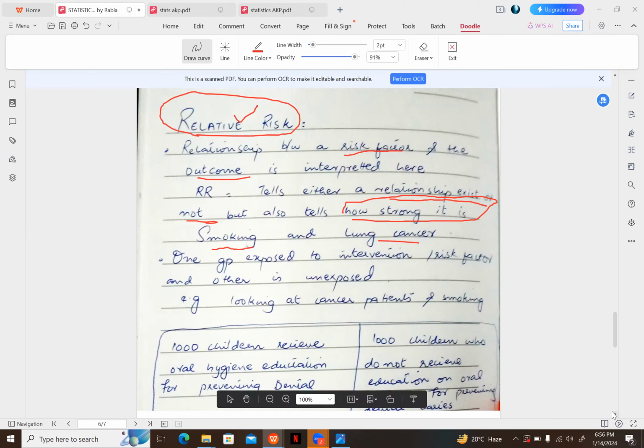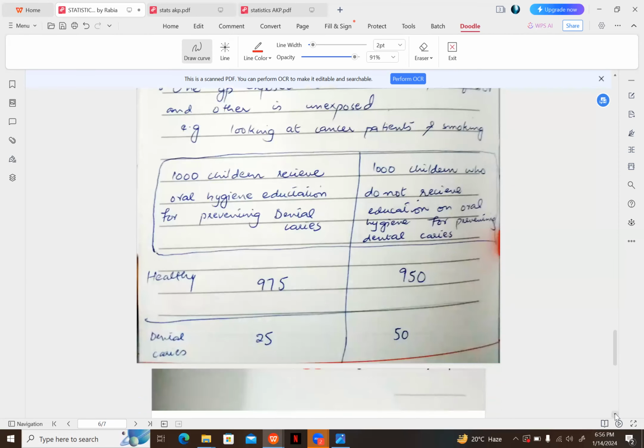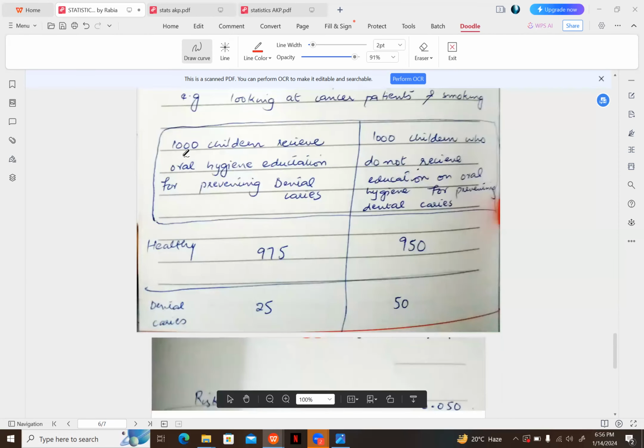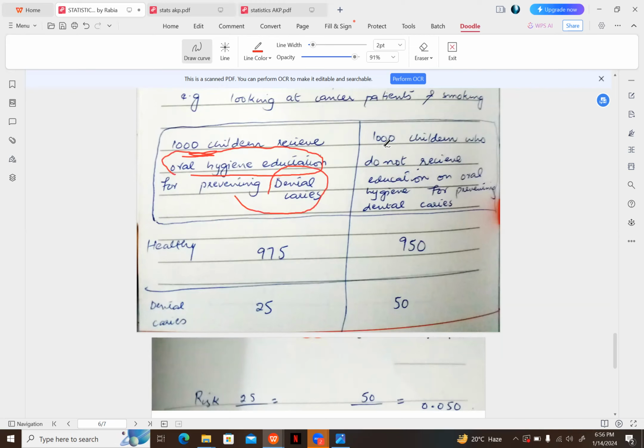Now again, coming towards the example: there are 1,000 kids who receive oral hygiene education at this school for preventing dental caries, and another 1,000 kids who do not receive education for preventing dental caries, okay?